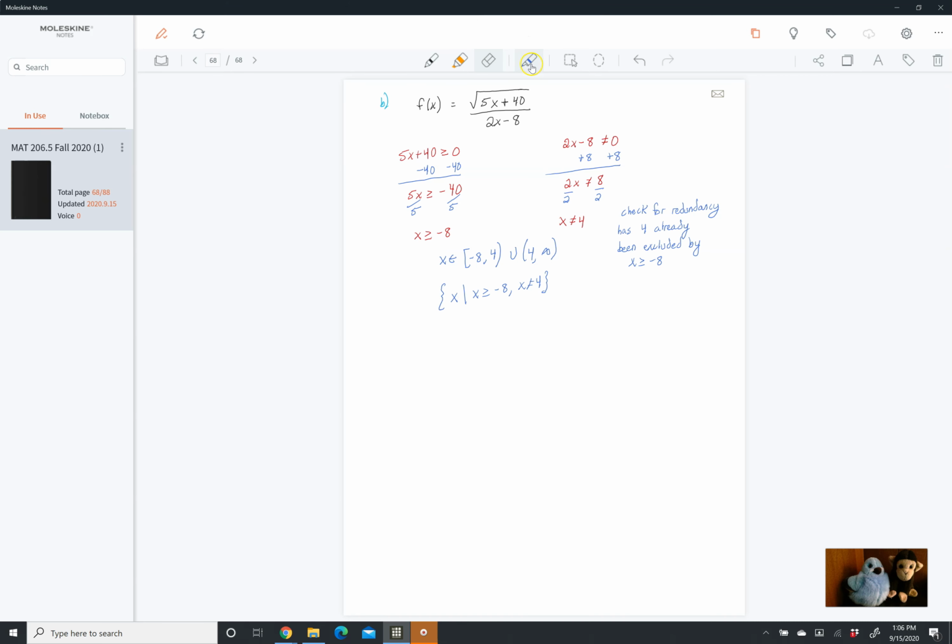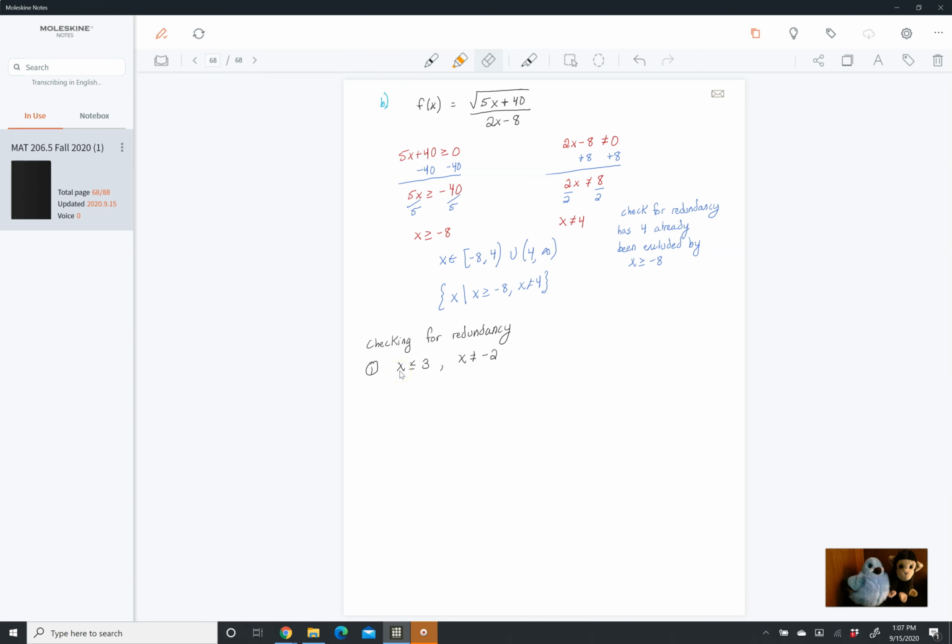Okay, so let's just do a couple of examples with checking for redundancy, just so that you get the hang of it, and then we'll be done with this one. So let's say that we had x is less than or equal to 3 and x not equal to -2. Has this already been excluded?